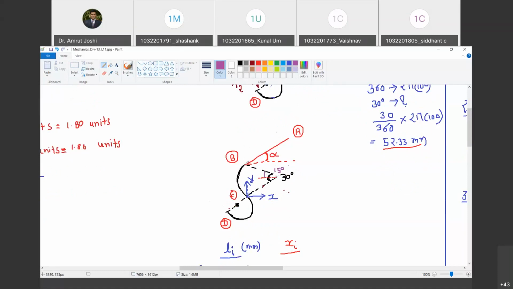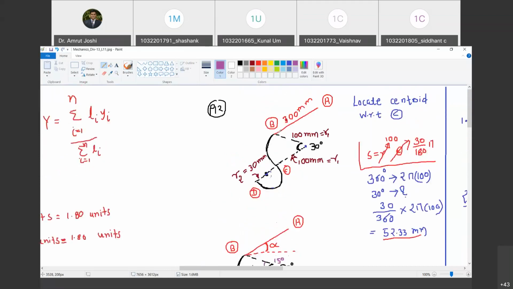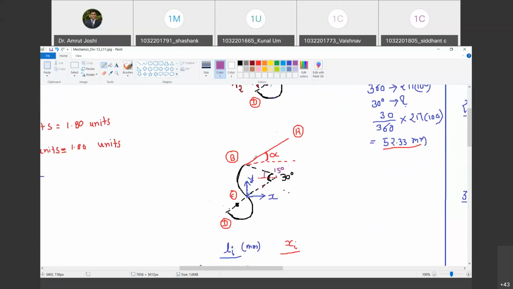Now, this line BA is along the tangent drawn at B. Do you agree with me? The way it has been drawn, it is along the tangent. Now, this radius vector has to be perpendicular to the tangent. It is not visible, but you have to understand that it is 90 degree.